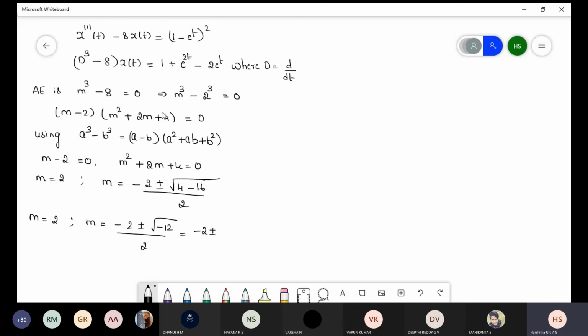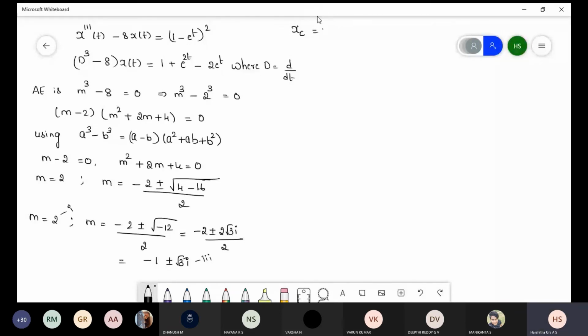So minus 1 we can write as i square. So here 2 root 3 i divided by 2. So take out 2 as a common from the numerator. Both will get cancelled. Remaining will be minus 1 plus or minus root 3 i. Now here in the form of x they have given, we have to write xc is equal to, this is the case 1 and this is the case 3.